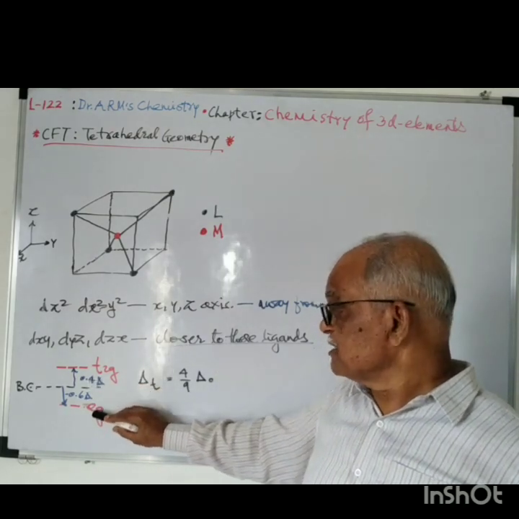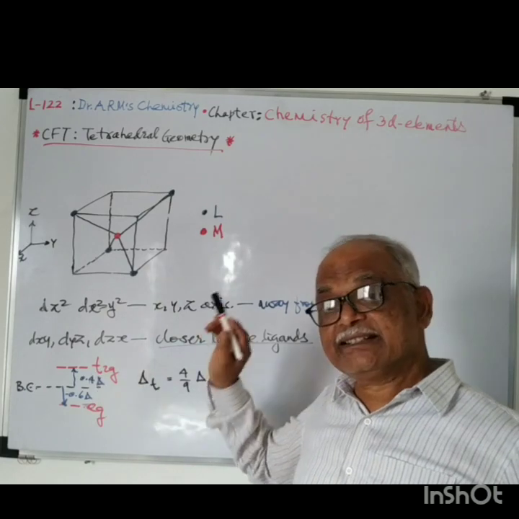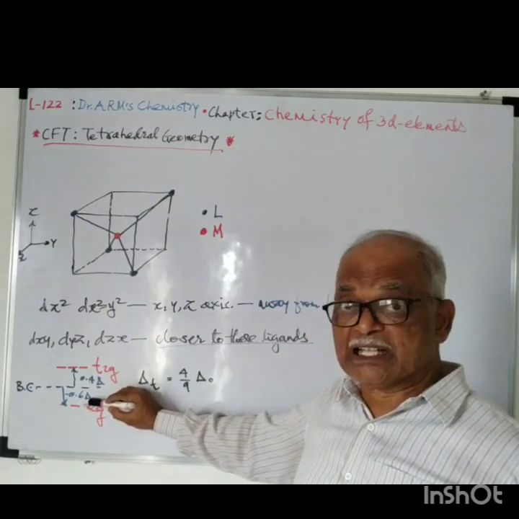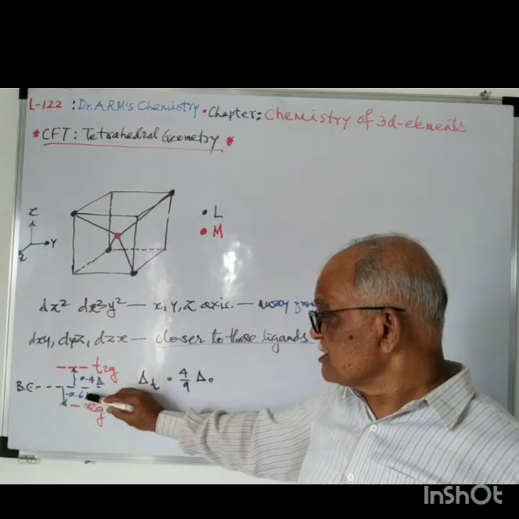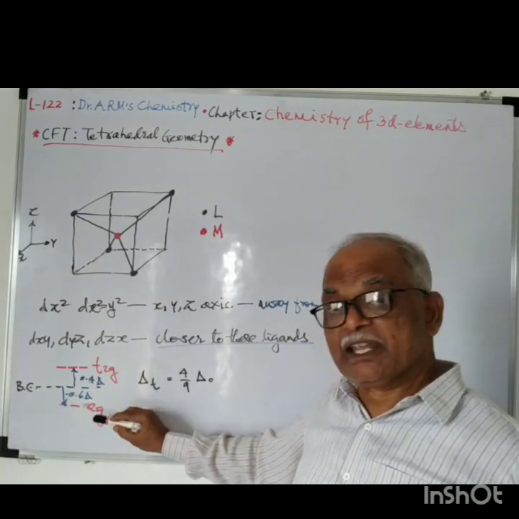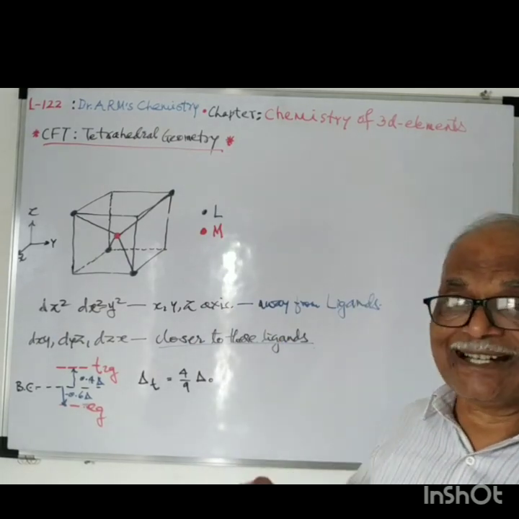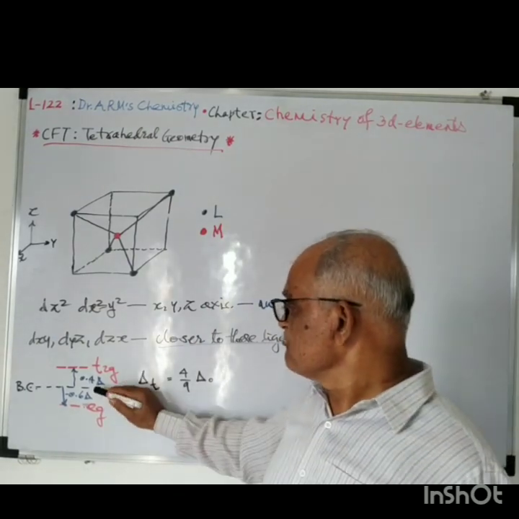The lowering of energy of each orbital in octahedral geometry is minus 0.4 delta O. But compared to this, in this case the energy is lowered to a relatively greater extent.